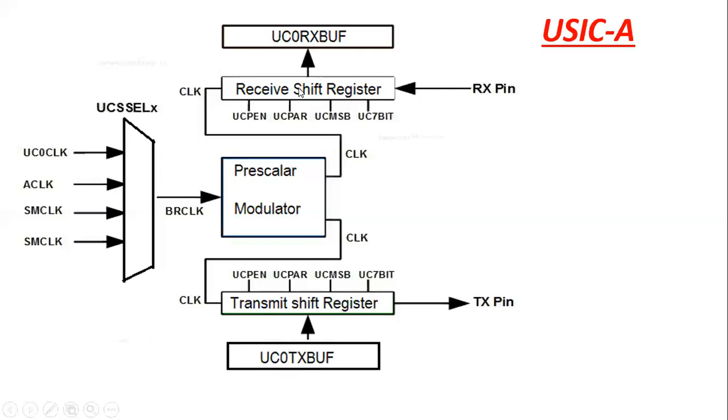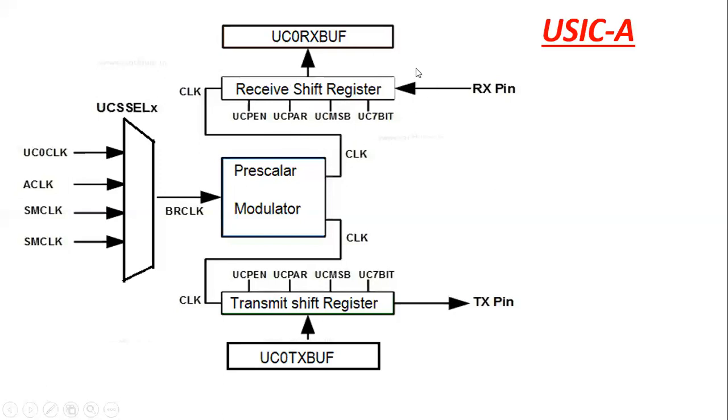Here the 7 bits or 8 bits along with parity and start and stop bits will be received. So here the clock frequency is different compared to the transmitter. Okay, so here the receiving frequency is different. Once we have received the total bits, then the data bits are placed in the receiver buffer for other purposes.